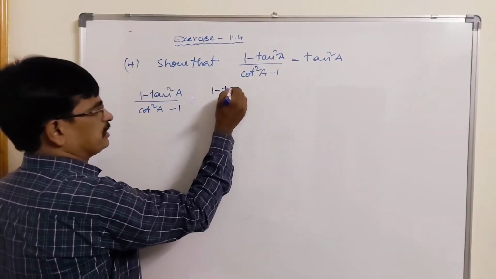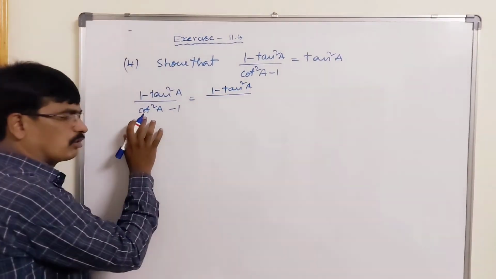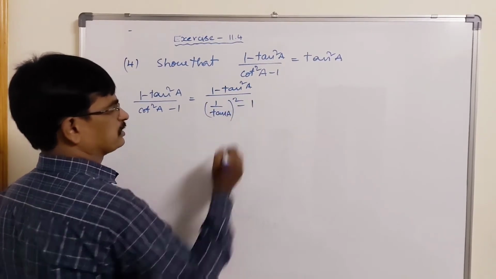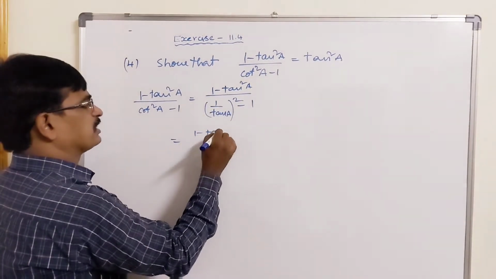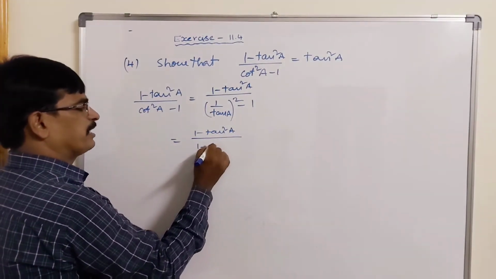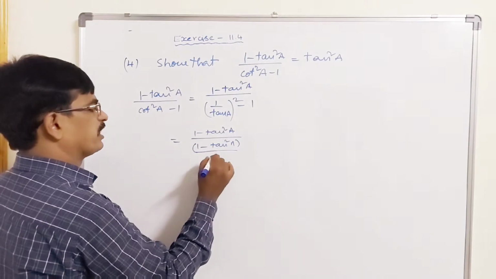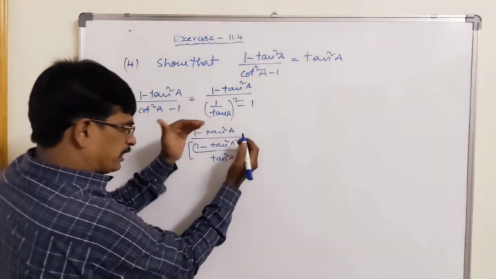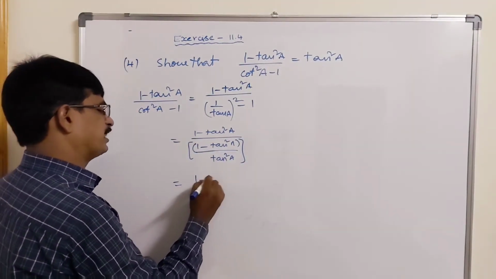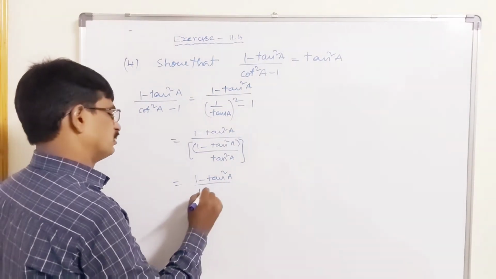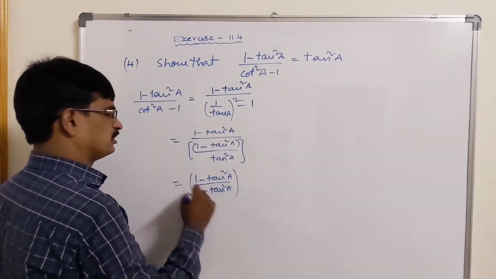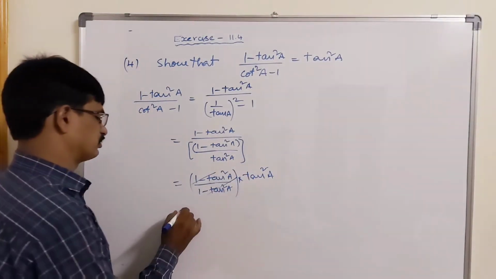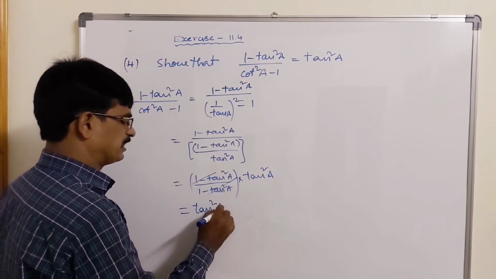Cot a can be written as 1 by tan a, so that is (1 minus tan square a) by ((1 by tan a) whole square minus 1), that is (1 minus tan square a) by ((1 minus tan square a) divided by tan square a). Then the denominator goes to the reciprocal: (1 minus tan square a) into tan square a by (1 minus tan square a). Now (1 minus tan square a) cancels out. The final answer is tan square a.